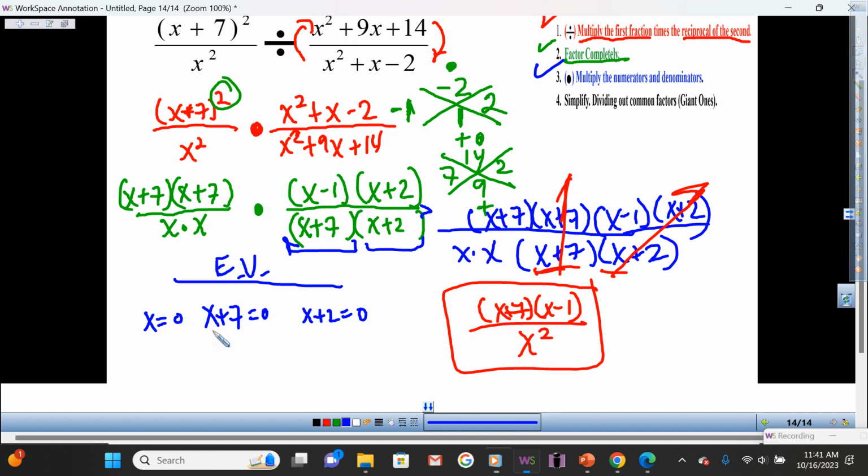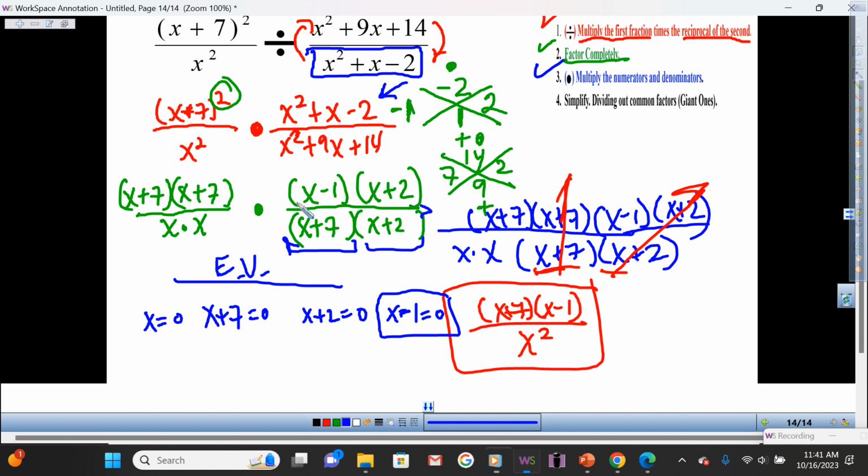However, look what I'm going to write. Look up. Where did I get this from? What was the original denominator, guys? Is that correct? Where did it go after the first step? Right here.